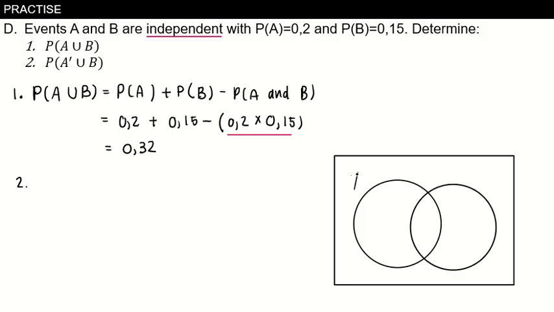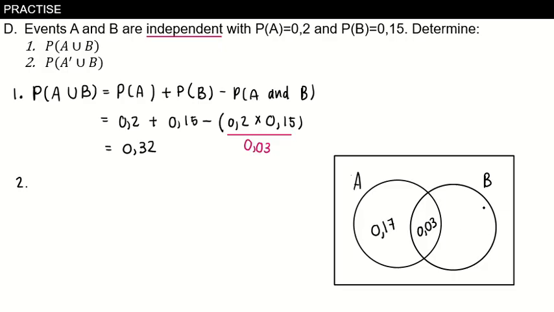Since these events are independent, we know that they are inclusive events, which means there's an AND. To calculate the AND, we just multiply 0.2 by 0.15, and with this you would get 0.03. So that is the probability of A and B. Since the entire A is 0.2, subtract 0.03 and you would get 0.17.